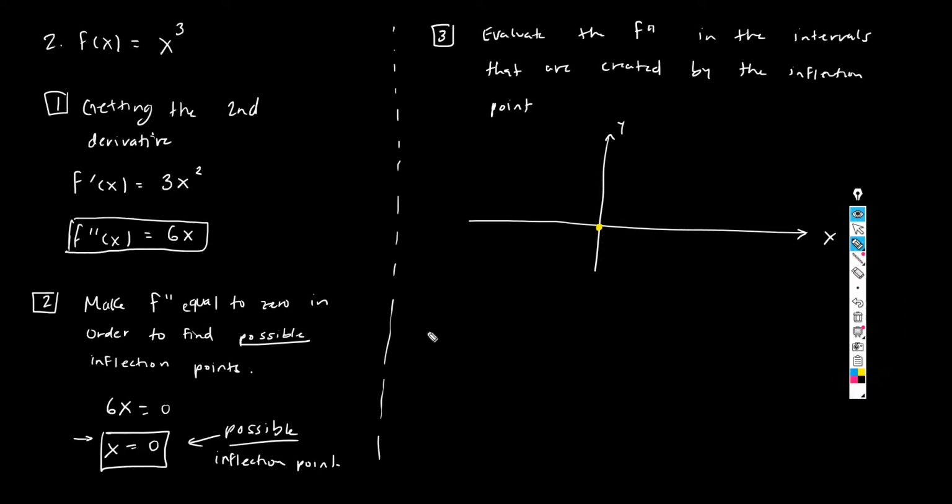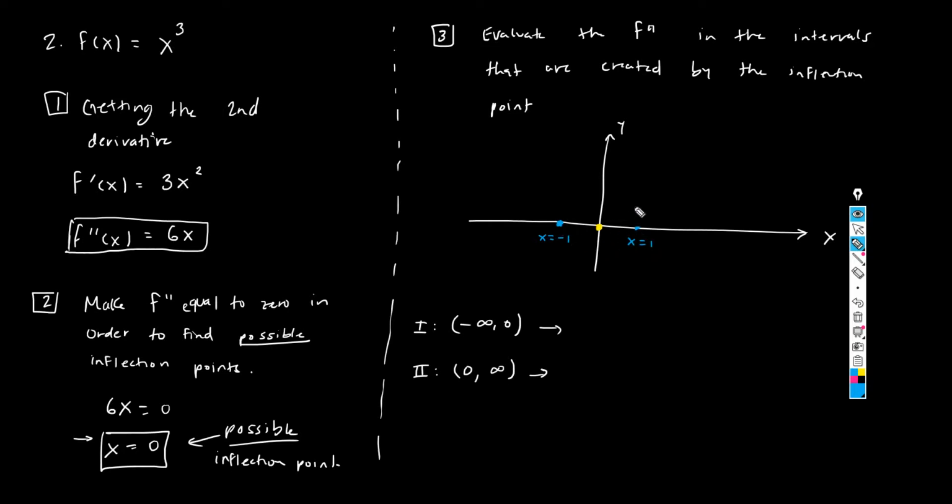So I'm going to write, my first interval will be from minus infinity to 0. My second interval goes from 0 to infinity. And I want to evaluate my second derivative at any point that I choose. I'm going to evaluate at x equals minus 1 and at x equals 1.